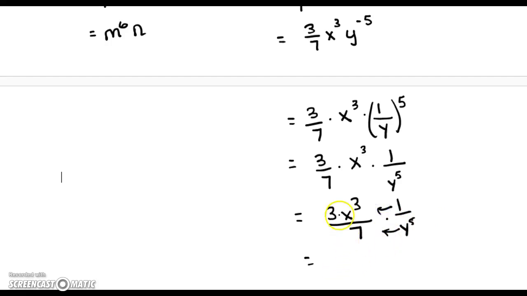So 3x cubed times 1 is just 3x cubed. Then we have 7 times y to the power of 5. And then here we have a nice cleaned up fraction, and it looks a little bit nicer than what we had above. This one wasn't looking so great. This one looks a lot cleaner, looks simpler, and it makes us a little bit happier.